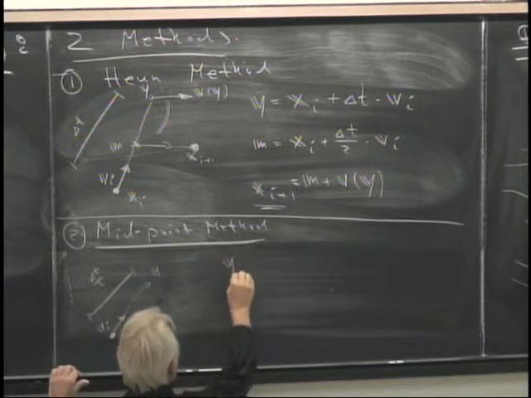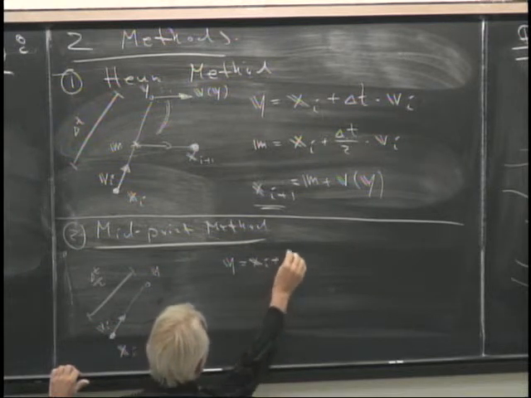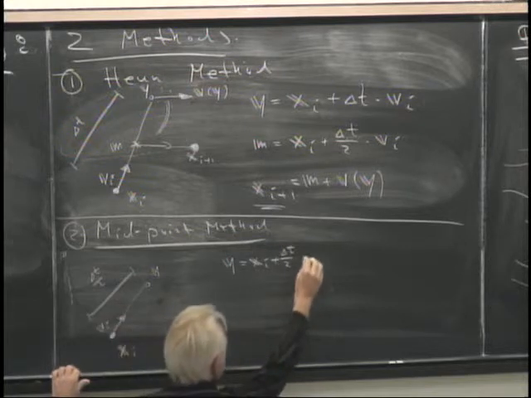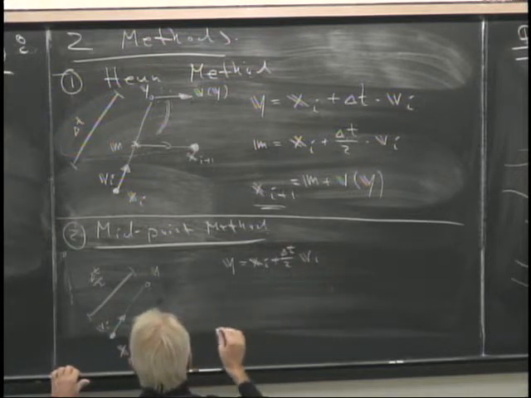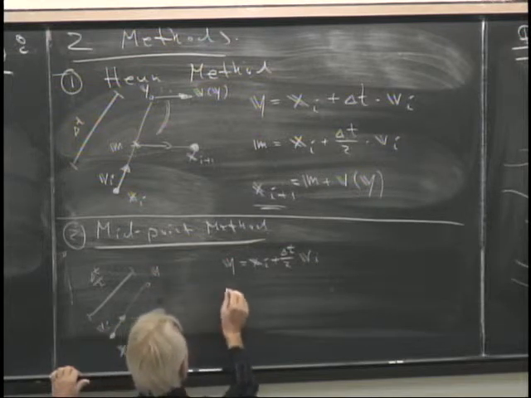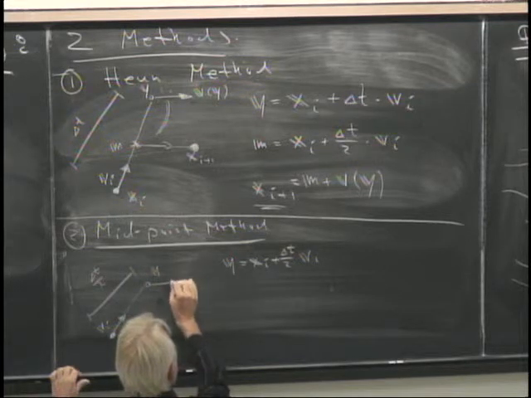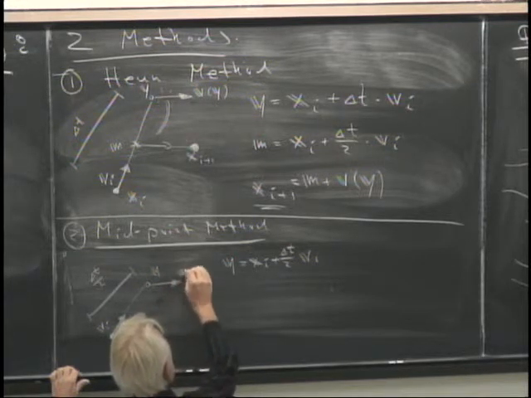My helper point, y, is given as the current point plus half the time step, delta t over 2, times the velocity at the current point, vi. Now I evaluate my velocity at this point, which I can do. Here I will have a certain velocity vector, the velocity at y.